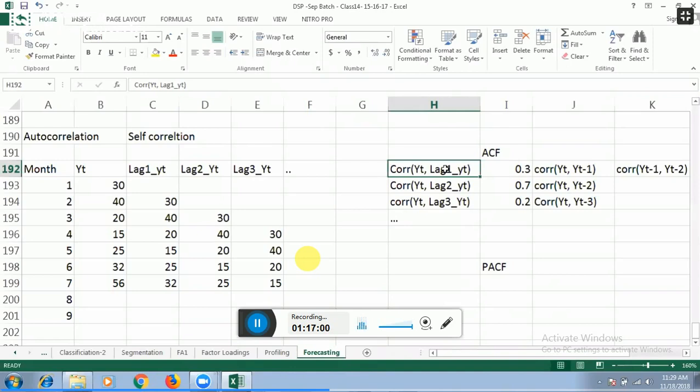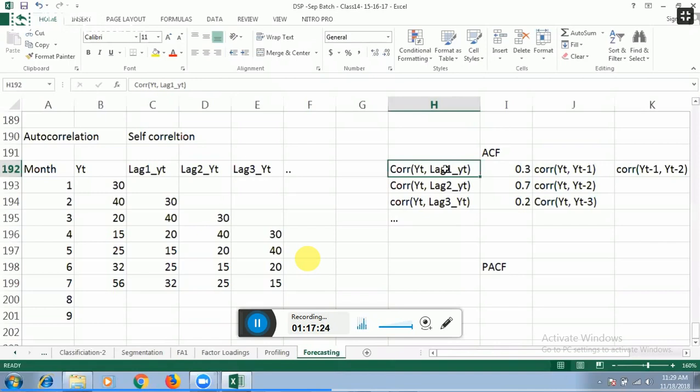A simple example. I'm giving a TV advertisement from January, February, March also. So if I look at my sales, the sale is impacted by the current month, by the previous month, and also by the previous to previous month. Am I correct or not?